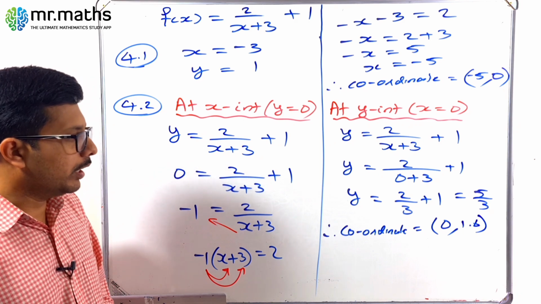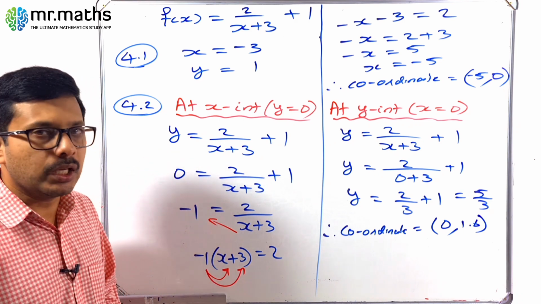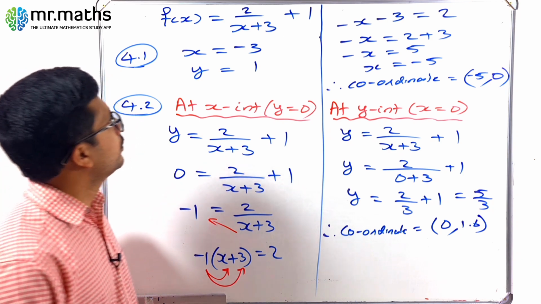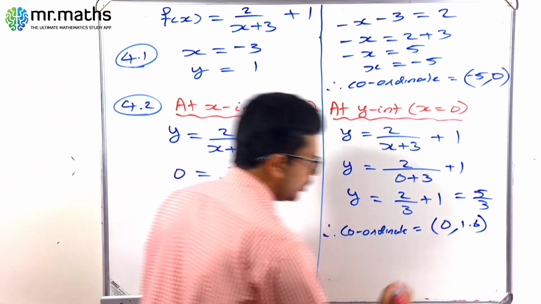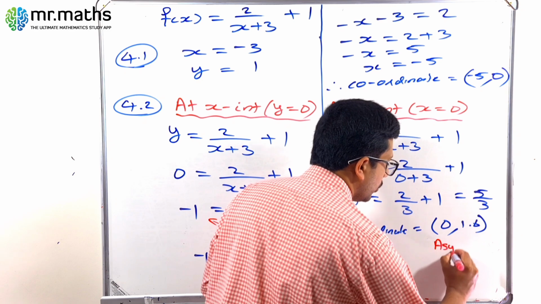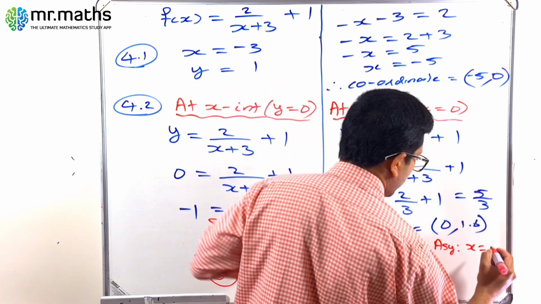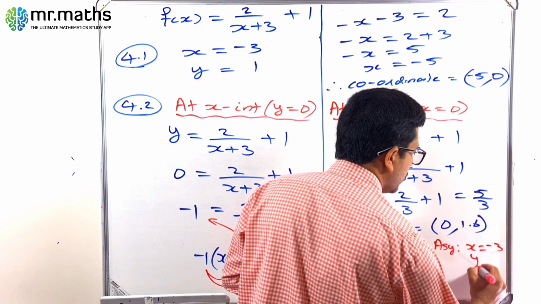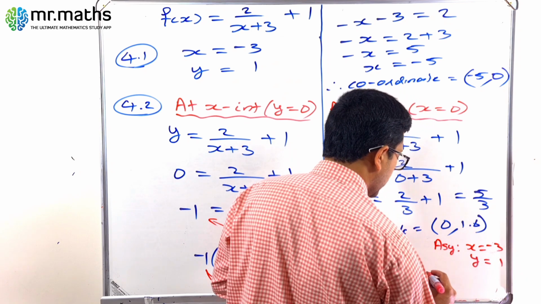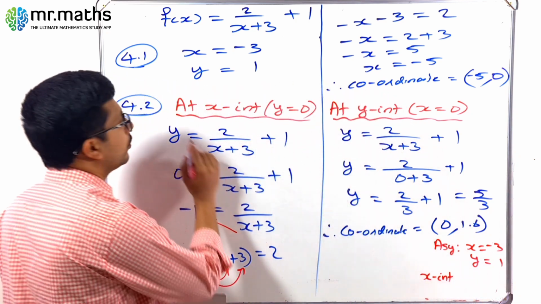Before I erase this one and move to the next question, let me write all those things that we got. What are the asymptotes? We got asymptotes: x is equal to minus 3, y is equal to 1. Then the x-intercept: what is the x-intercept we got?